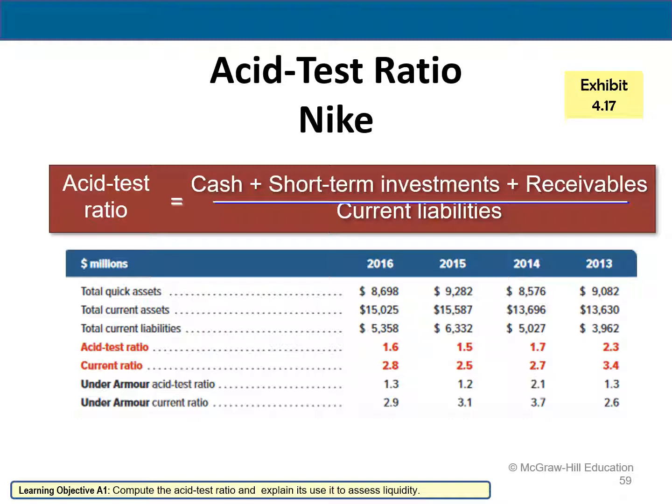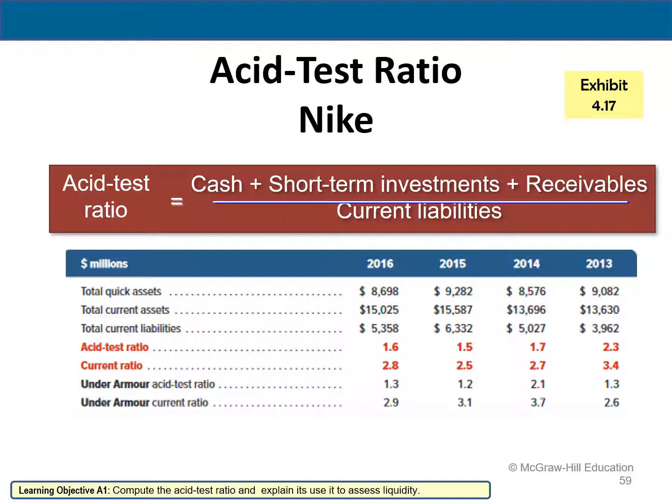So if you were to look at the ratio compared to that of one of their competitors, you could say that in all of the years except for 2014, they are less likely to face liquidity problems.